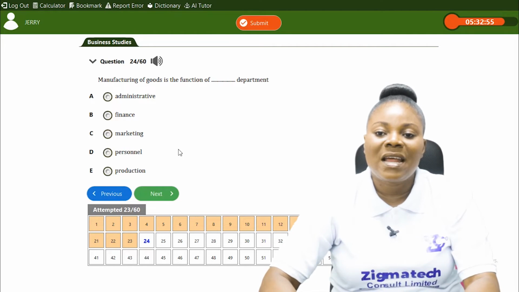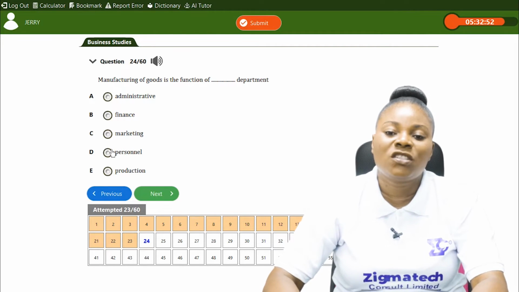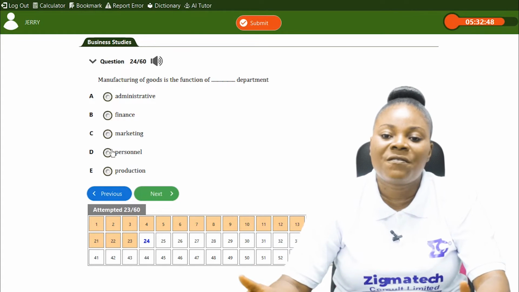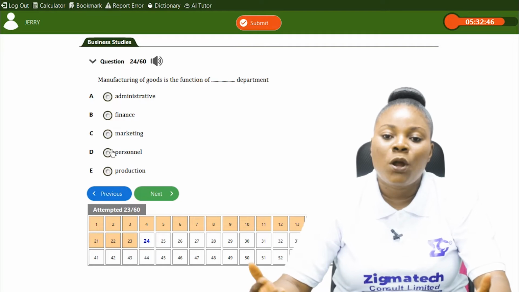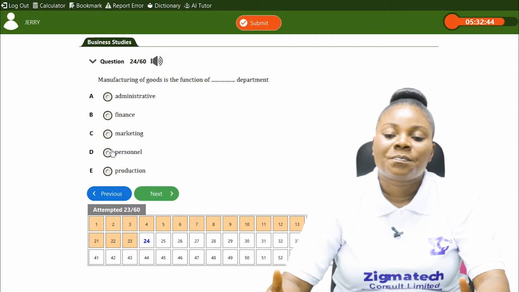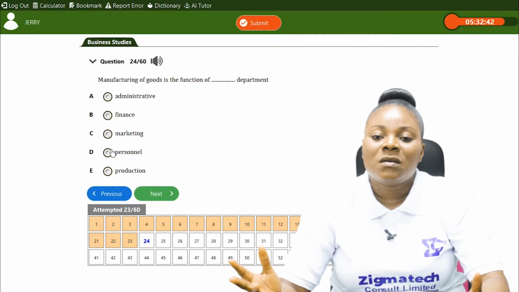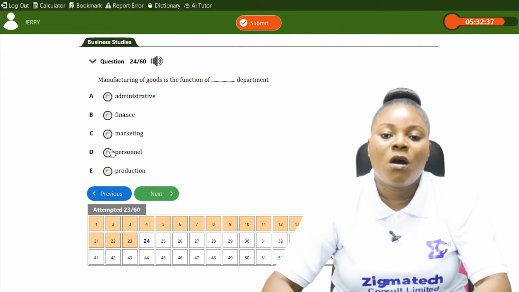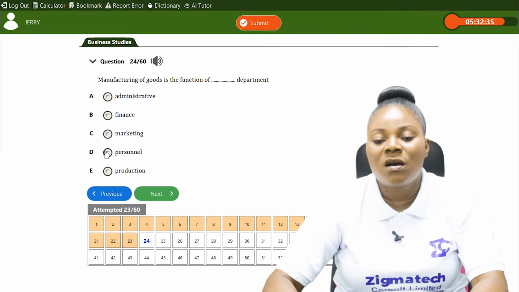We have the personnel department. This department is in charge of staff matters. Anything regarding staff welfare, staff recruitment, employment, promotion, anything revolving around staff matters, they are all carried out in the personnel department.